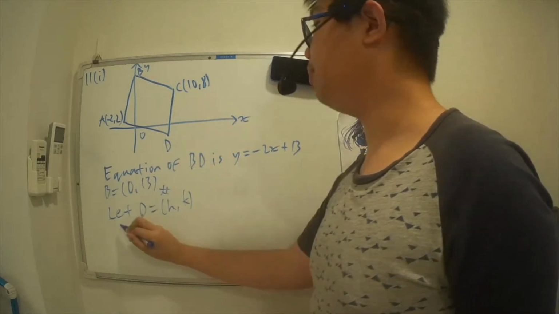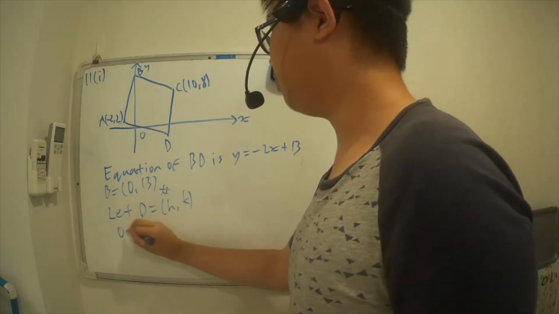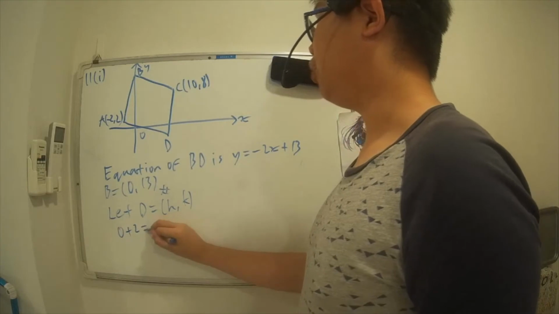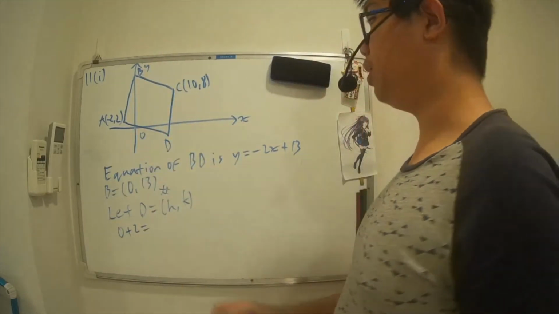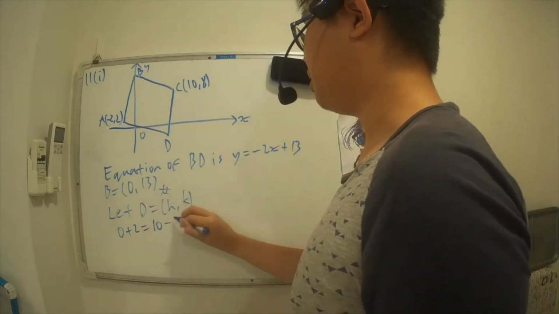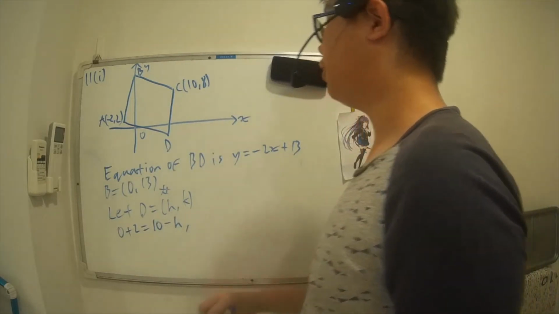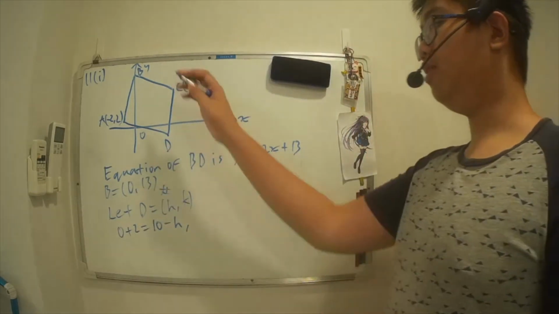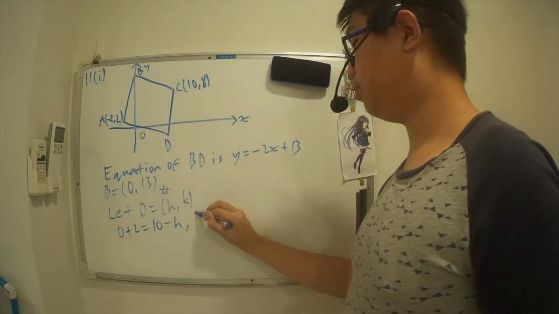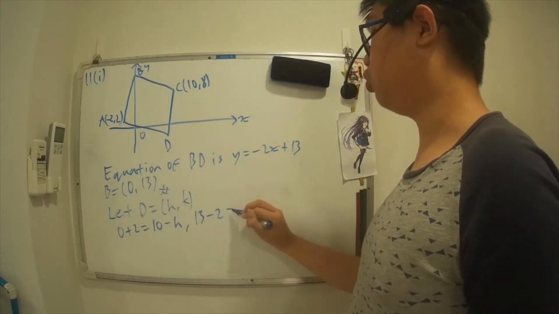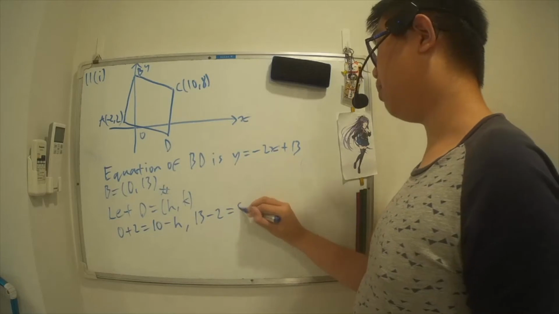So let's say I have 0 plus 2, right? Comparing these x-coordinates will be equal to 10 minus h, right? And we also have 13 minus 2 being equal to 8 minus k.